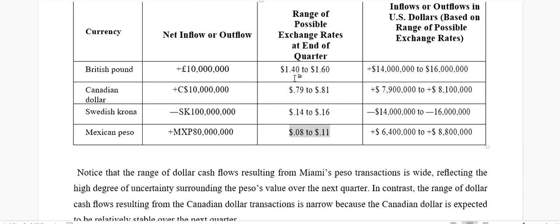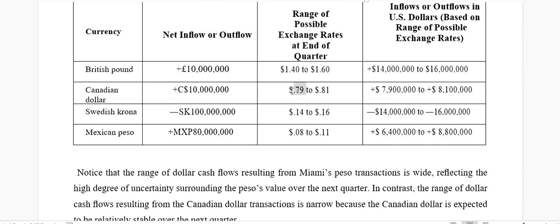After this, I have done nothing unique. I've just multiplied the net cash flow quantity with its dollar value. So 10 million multiplied by 1.4, we get $14 million. And I've again multiplied 10 million with 1.6, and we got $16 million.